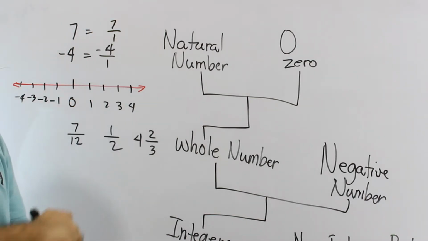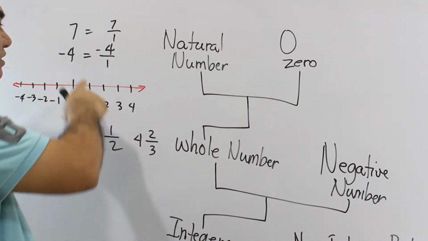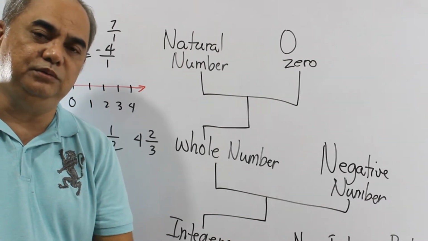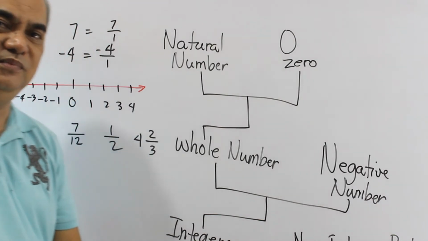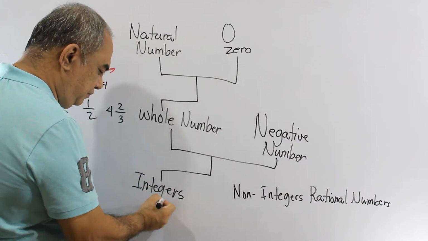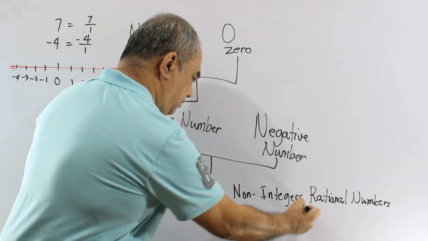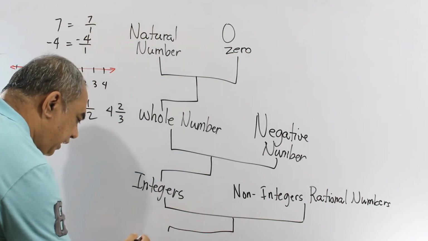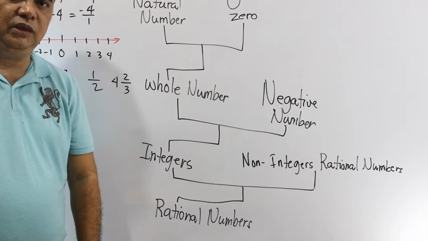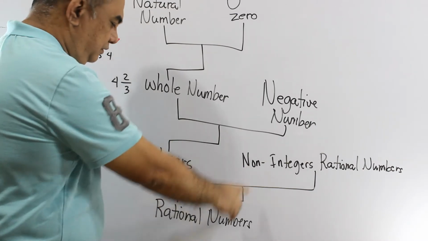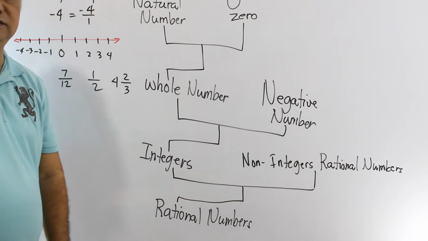A whole number or an integer can be expressed as a fraction, but the denominator will always be equal to 1. So putting this together, we will now have what is known as rational numbers, which are simply the combination of integers and non-integers.